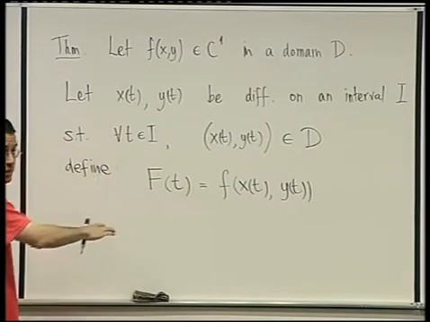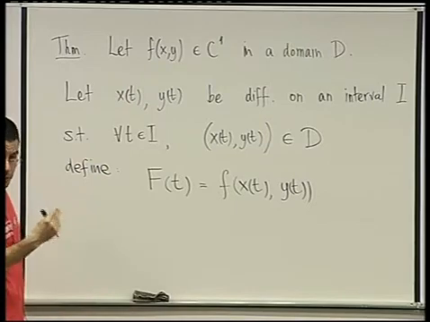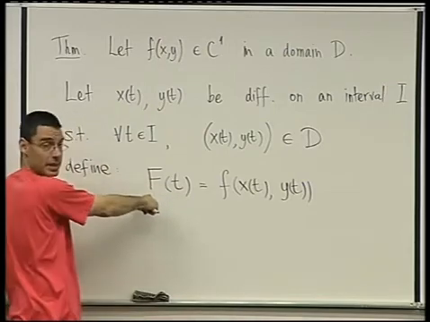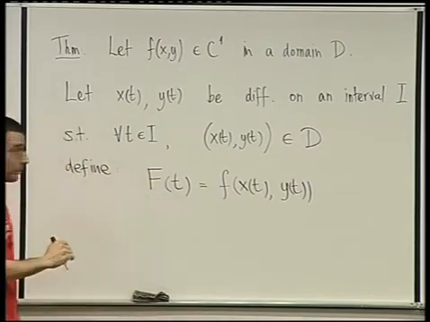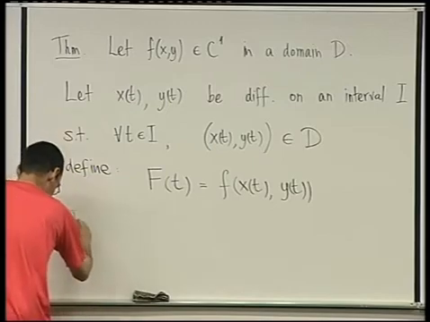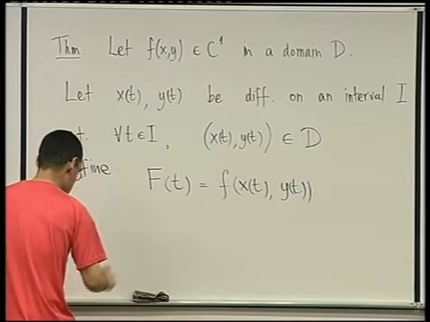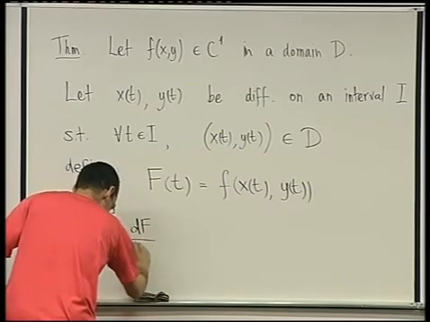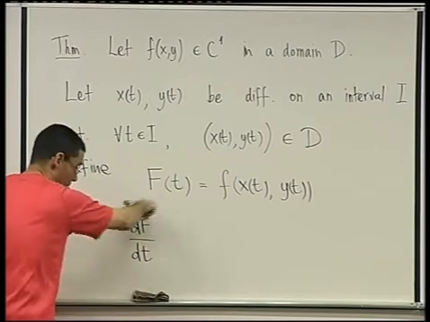So this is still not a theorem. This is just a lot of blah, blah. Now we want to write the theorem. The theorem is going to be the chain rule. What's the derivative of capital F with respect to t? Then dF/dt, or you can write F prime of t.